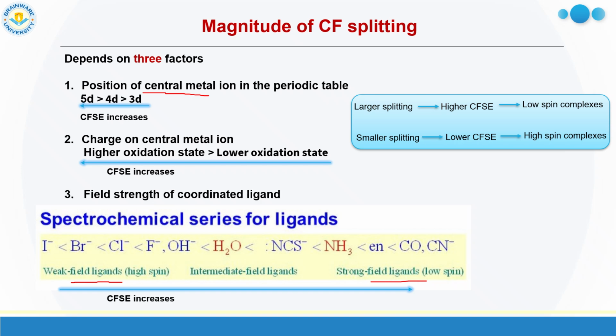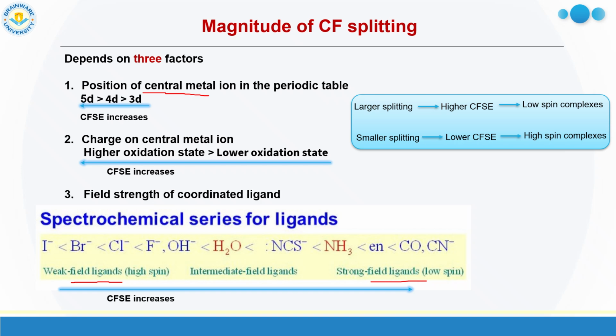A few ligands are given here in this spectrochemical series. Other ligands can also be placed in this series depending on the requirement. Mainly the common ligands used to form transition metal complexes are given here. On the left-hand side, the iodide, bromide, chloride, fluoride are weak field ligands, so they interact to a lesser extent.